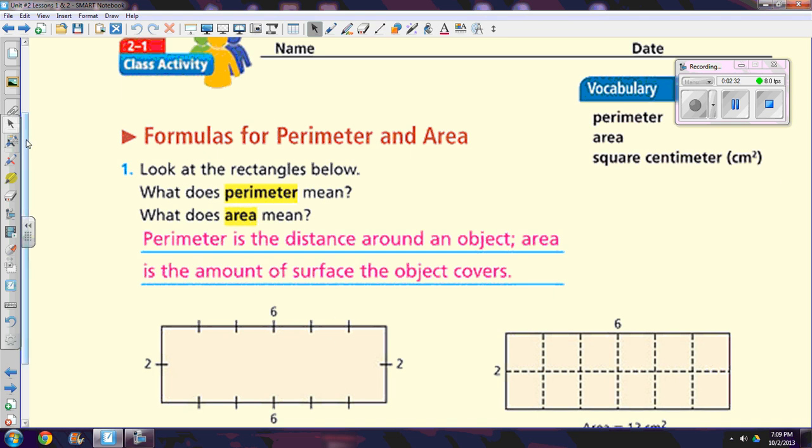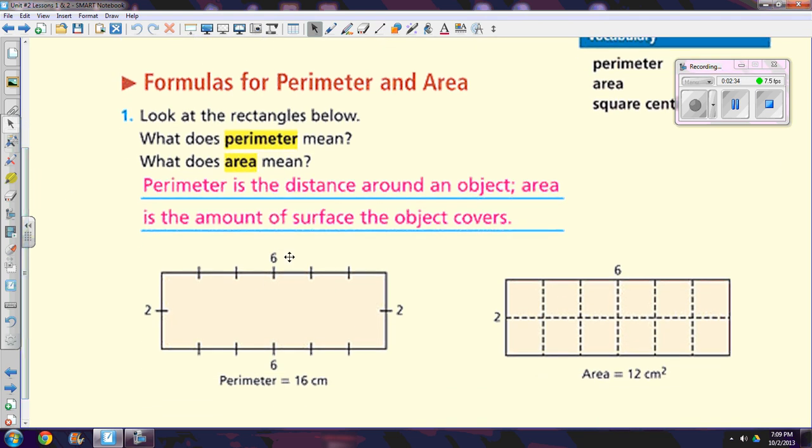So looking at these two problems here, you have 6 and the opposite side 6, opposite sides of rectangles that are the same, and 2 and 2. So you have 6 plus 2 plus 6 plus 2 would equal your 16.